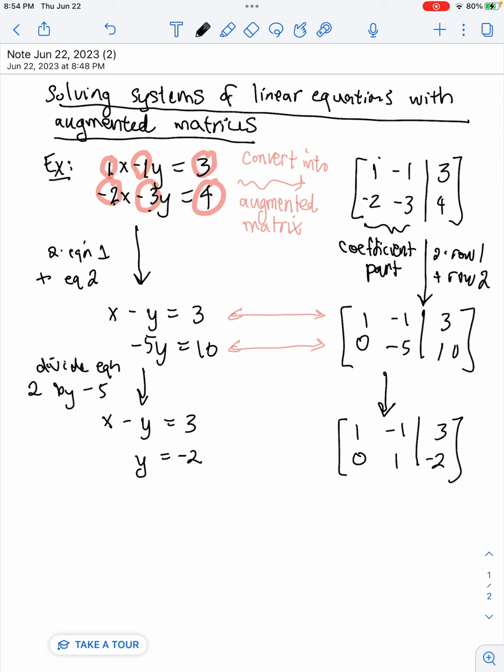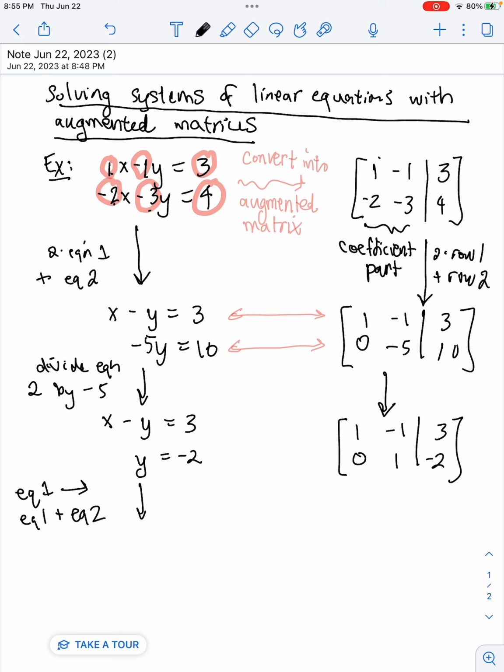And now what do we do? I could substitute y equals negative 2 into the y in the first equation. One way to do that in terms of adding equations is to change equation 1 into equation 1 plus equation 2.